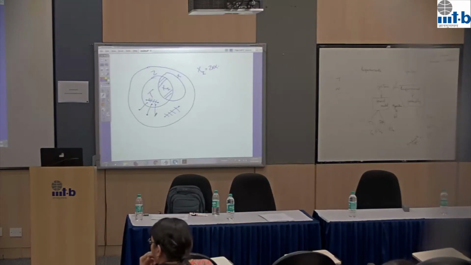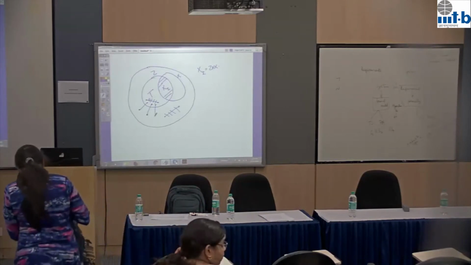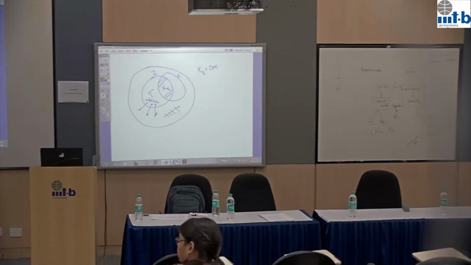So if you have an edge such that both its endpoints are in T, it cannot be covered in the solution, because you have to choose at least one of its endpoints, but both its endpoints are in T, and we cannot take any vertex from T. So you take two vertices in T, they cannot have an edge between them.